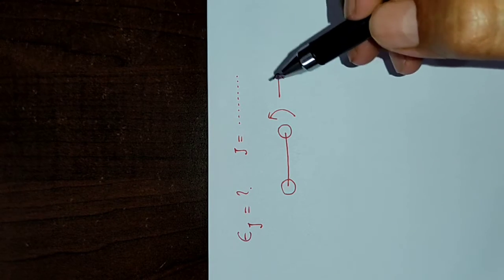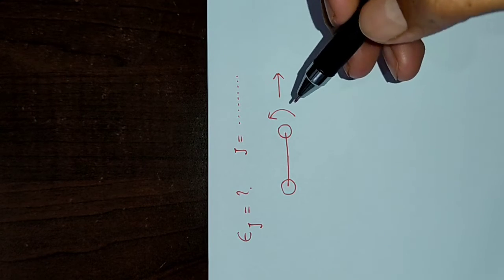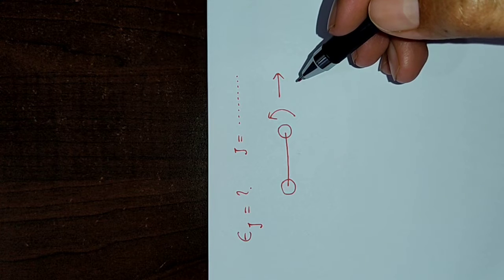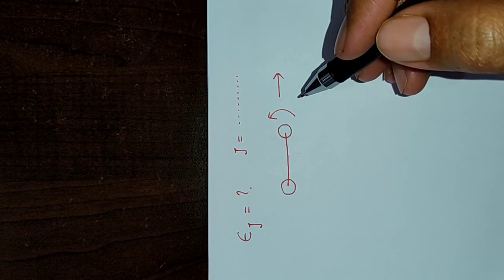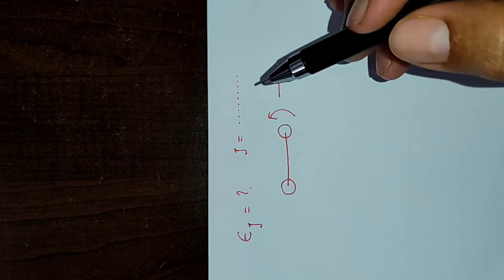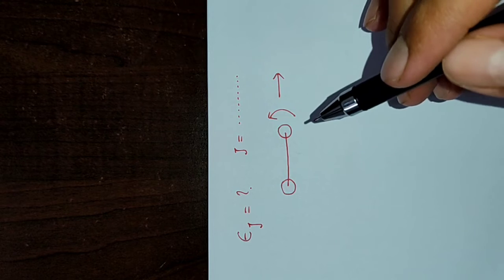But such state of disruption cannot be achieved at ordinary temperature. Hence, we can use the energy expression of rigid rotor to a very good approximation.